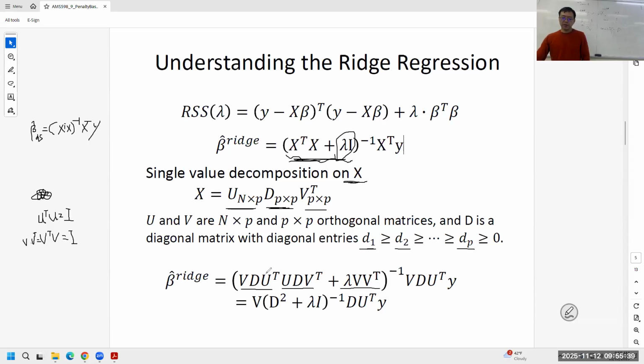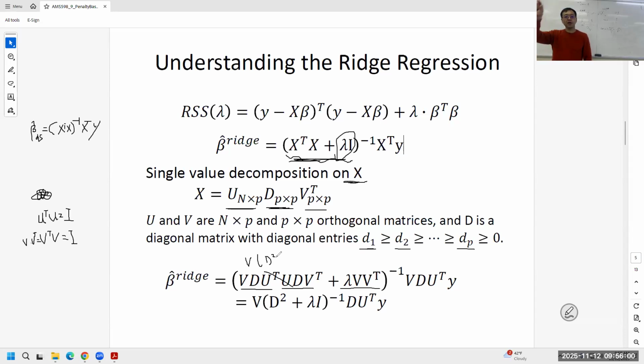Now look at the first term. Because U is orthogonal, U transpose U equals identity, so this is gone. Inside here, it becomes V times D squared, right? D is a diagonal matrix, so D times D is just D squared.